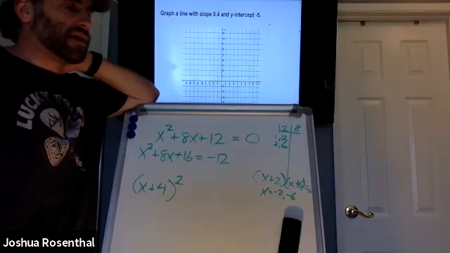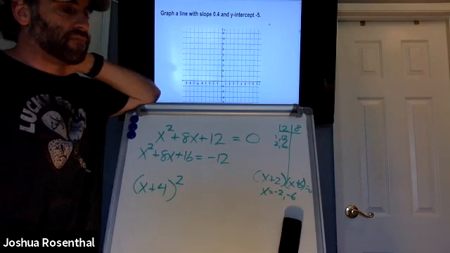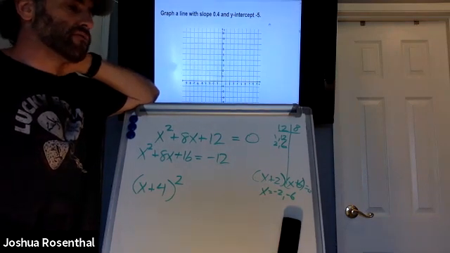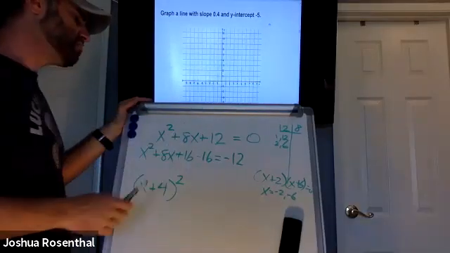That plus 16 is unaccounted for. How would you like to account for it? You would have to add it on both sides. Or there's actually another way you can account for it that we're not going to do right now, but it's a technique that you will use in the future. I could also subtract 16 on the left. What's plus 16 minus 16?